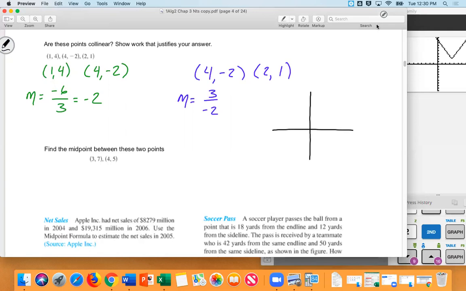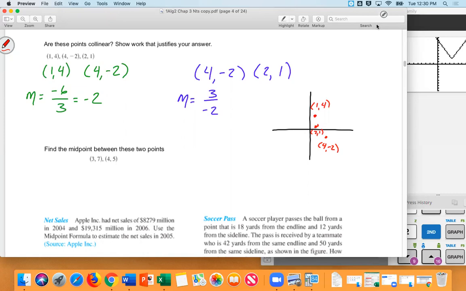Now, how can I justify this to myself? No artist, all right? But 1, 4 looks to be about there. 4, -2 looks to be about there. And 2, 1 looks to be about somewhere in there, right?